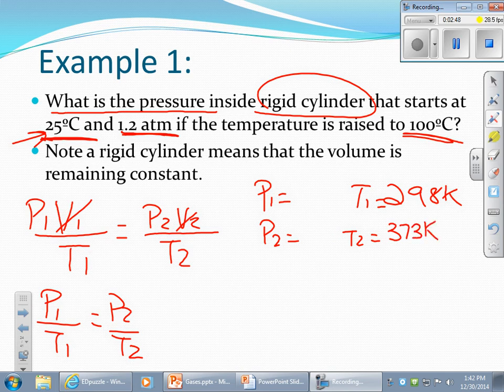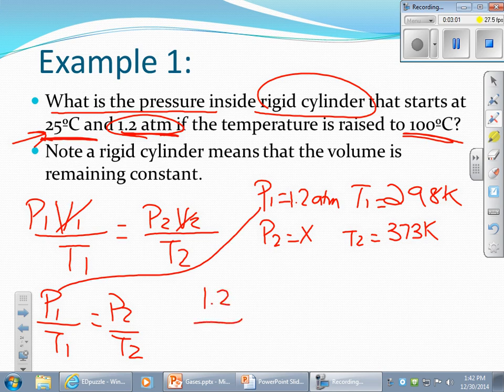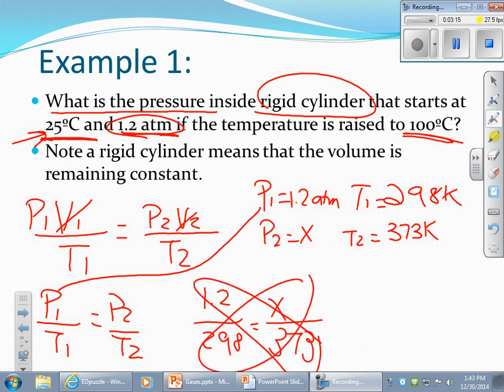The initial pressure is 1.2 atmospheres, so we'll put that as P1. We want to know the final pressure. Plugging all of our variables into the equation, P1 is 1.2 over T1 is 298 equals P2 is X over T2 is 373. We cross multiply to figure out the value of X, and we should get around 1.5 atmospheres.